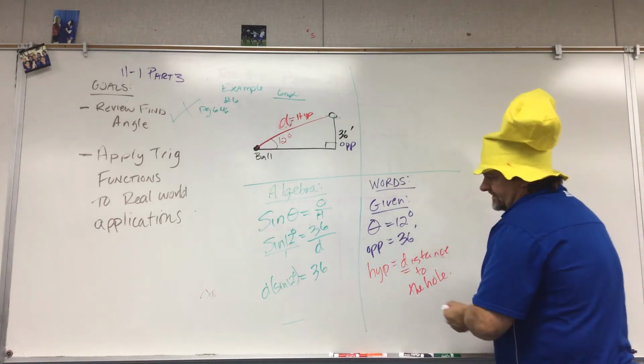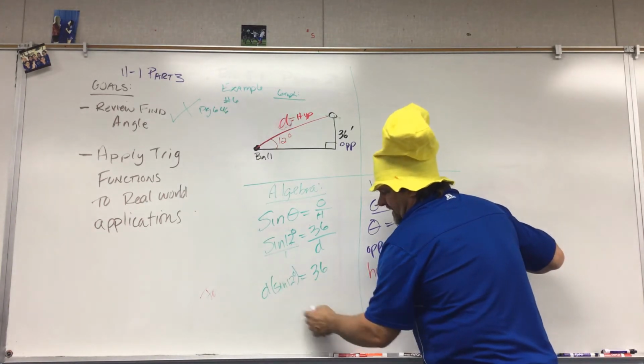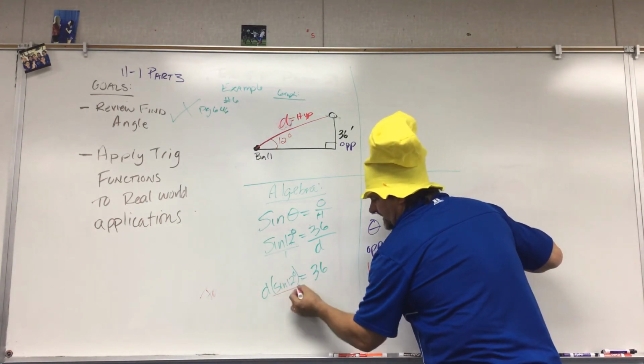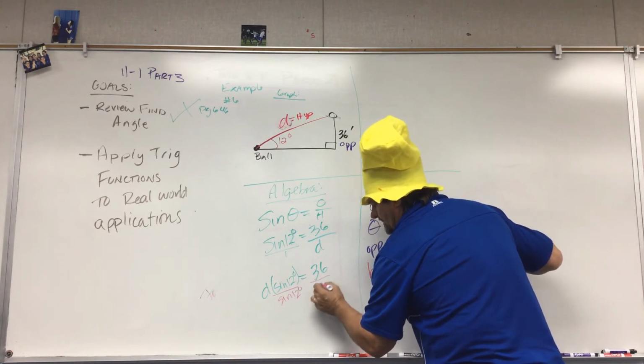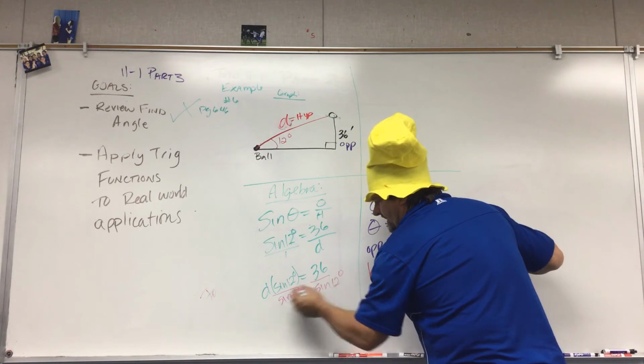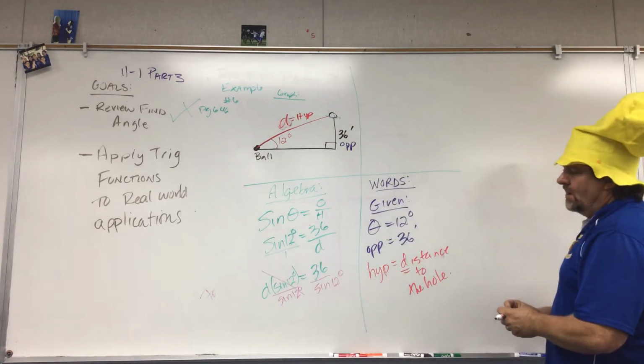What do I have? I have multiplication. So we're doing SADMEP backwards. We have a multiply, so we clean it up by dividing. Those simplify out to 1.